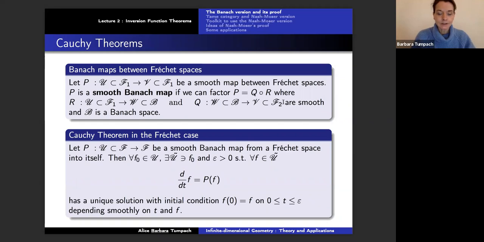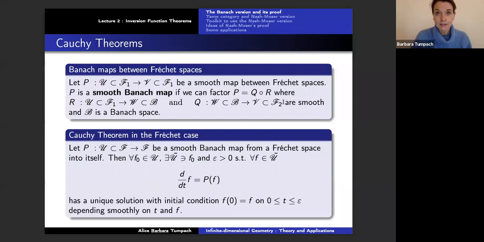Then, for any F0 in this open set, we can find a neighborhood of F0 and a time interval of size epsilon, such that for any initial value in this smaller neighborhood, the differential equation df over dt equals P(f) has a unique solution with initial condition f0 equal to f.